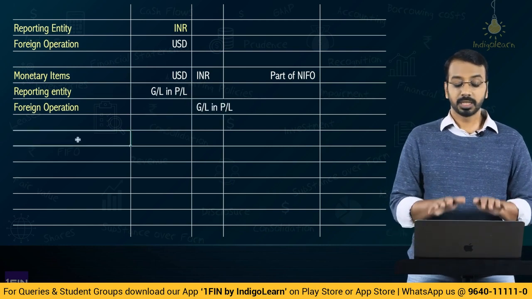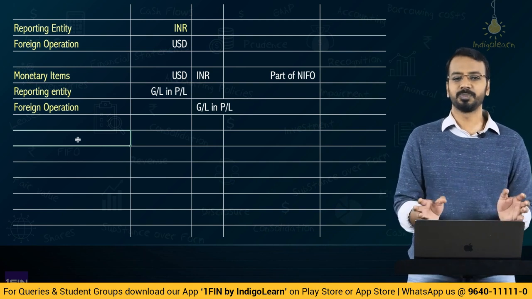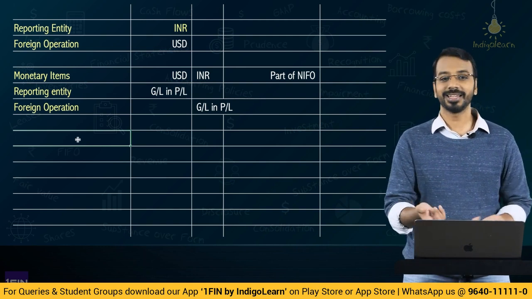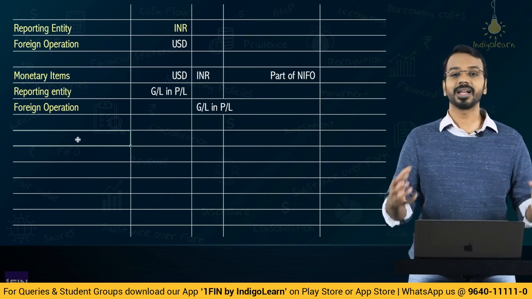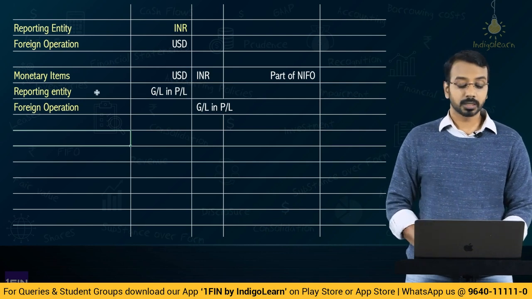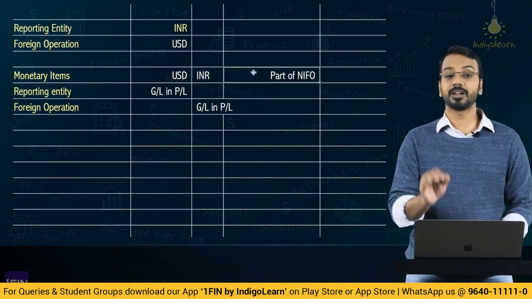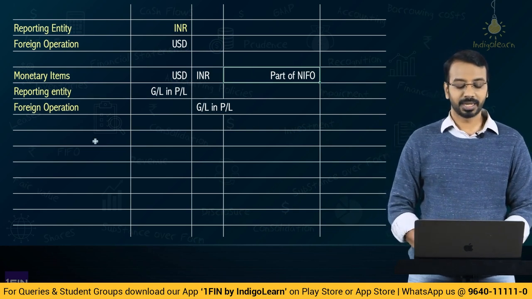Right. Now, in the standalone financials, there is no complexity, there is no problem. And as I told you, if there is a third currency, then both of them will book the gain or loss. But while consolidating, while preparing a combined financial statement, what the standard says is, the gain or loss on monetary items which are a part of net investment in foreign operation, you will not take that in P&L.